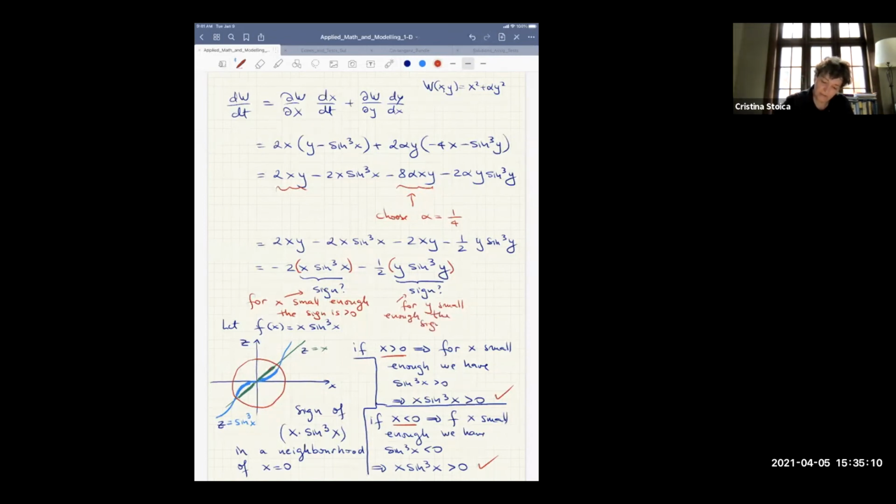So the same thing. So now positive, positive, and in front they have negative. So overall this will be negative for x, y in a small neighborhood of 0, 0, okay? So that's the kind of reasoning one has to do. It's not magic, it's just using a little bit of calculus 1, right?